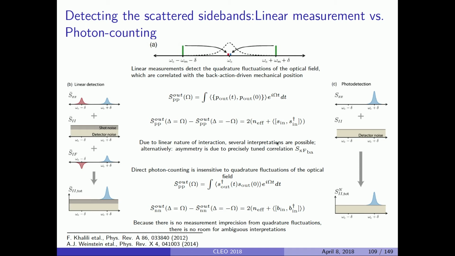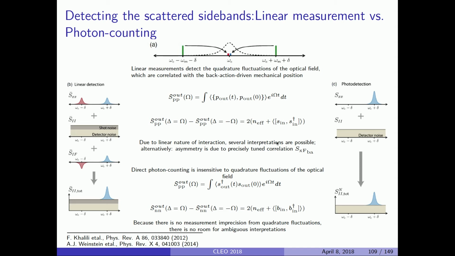Let's take an example. Imagine these are the Stokes and anti-Stokes sidebands that you measure, and imagine you do detection with a photon counting module. A photon counting module destroys photons, right? So if you measure a Stokes or anti-Stokes photon, it turns out that the asymmetry just comes from the commutator of the mechanical mode. And this is what you do in Raman scattering.